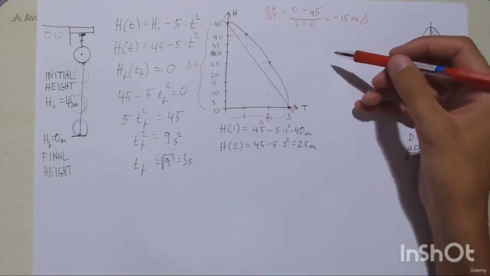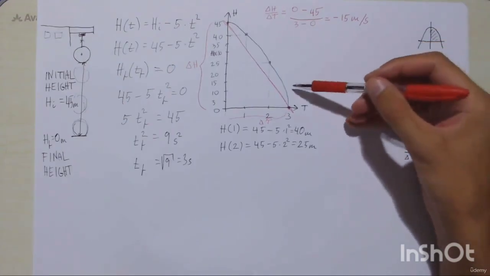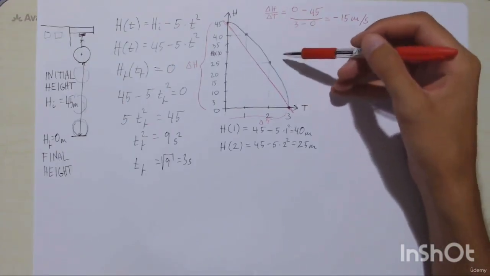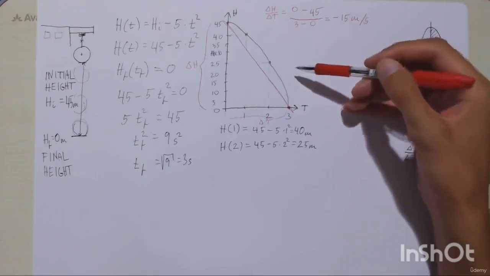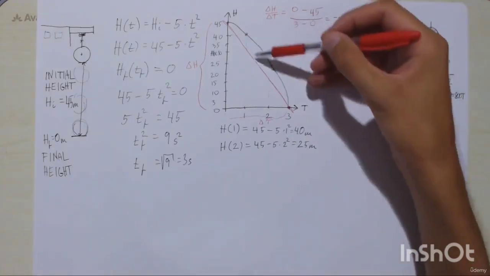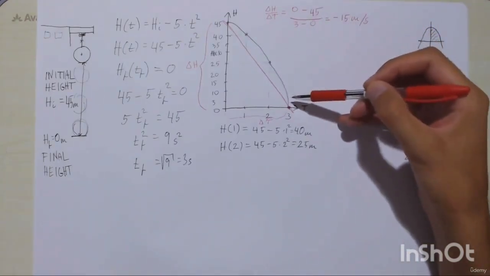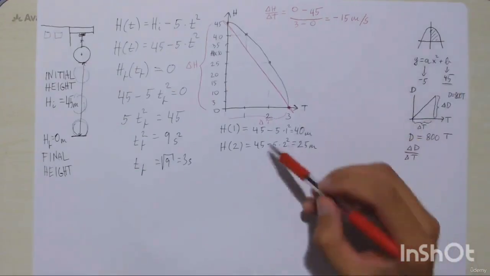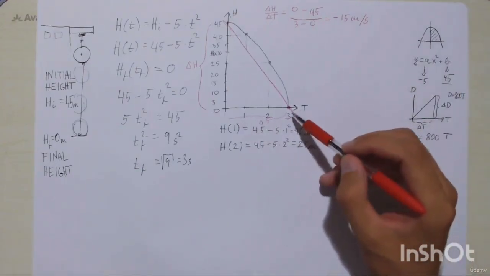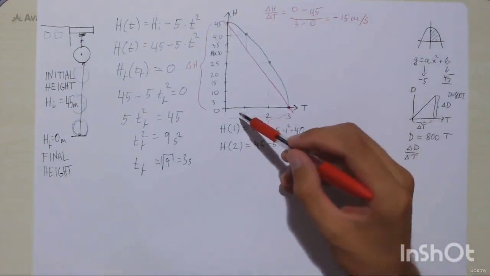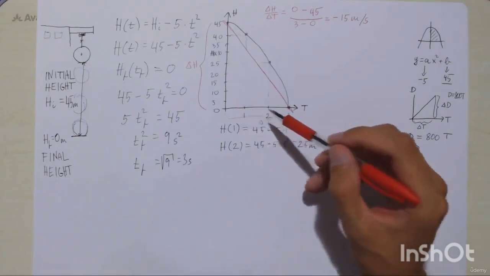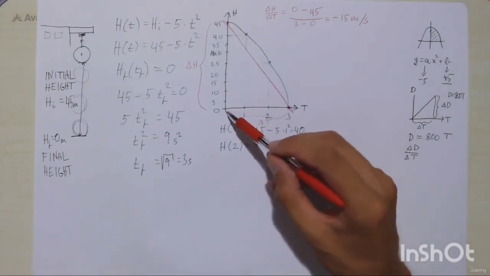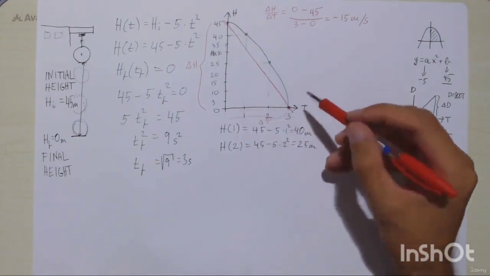Well, no, it's not, because the function here, the black line, is not a straight line function. So in fact, this red line represents the average change over the interval of 3 seconds. So we take the average change of the height with respect to time over the interval of 3 seconds.